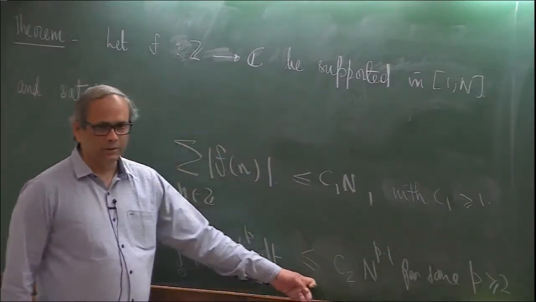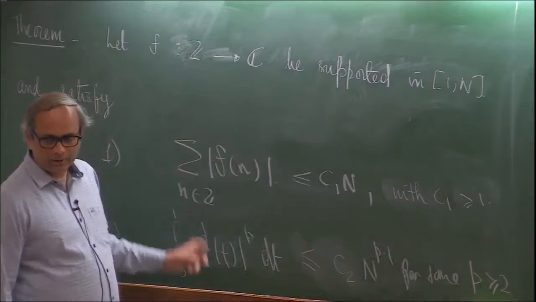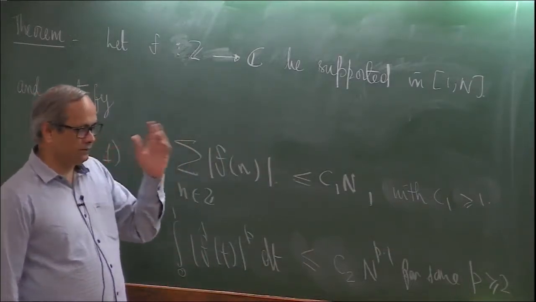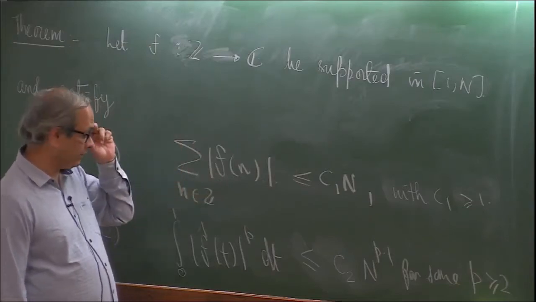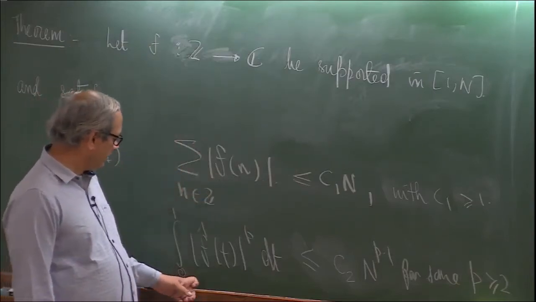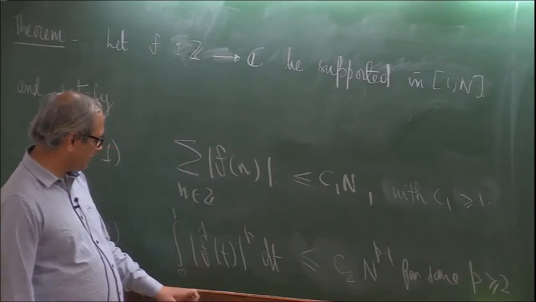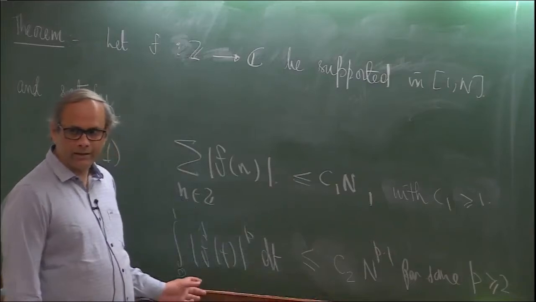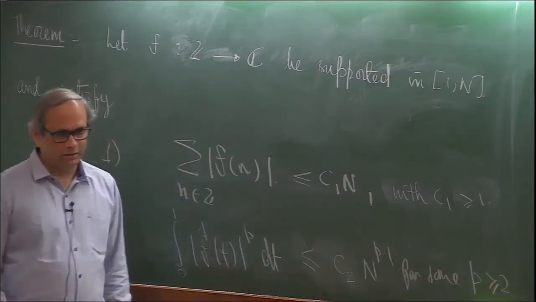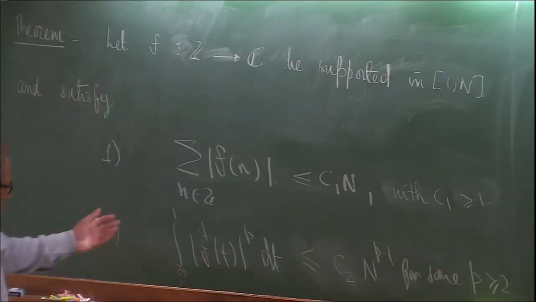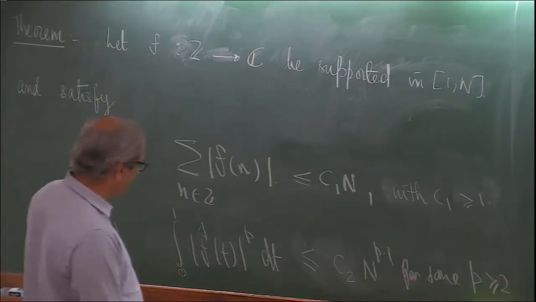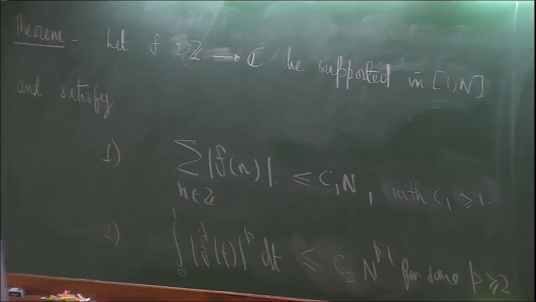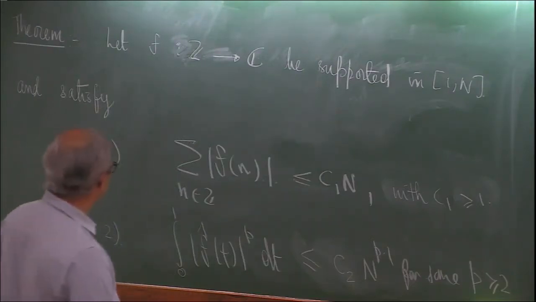And such a bound needs to be proved for the appropriate f that will appear there. Here, of course, f is the characteristic function of the set A that we have been considering. But there it will be slightly different. So there, this needs to be proved as a theorem, and it's what is called the restriction theorem for f, and that will follow from what Satadal exposed yesterday with the large sieve.